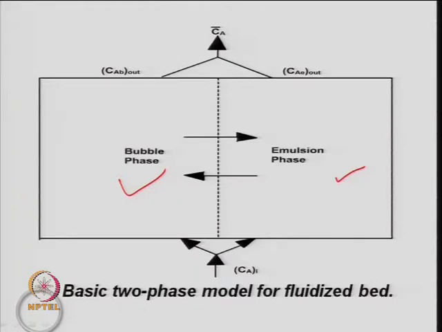This gas is going partly into the bubble phase and partly into the emulsion phase, and then when it leaves, part of the concentration is coming from the bubble phase, CAB out, and part is coming from the emulsion side, the concentration of gas A in the bubble, the concentration of gas A in the emulsion, and then this is coming at the exit. So, we get the average concentration.